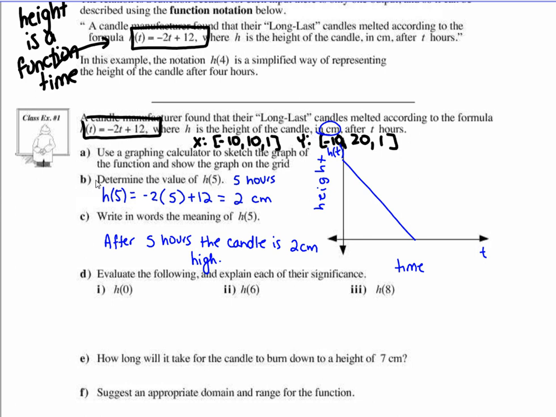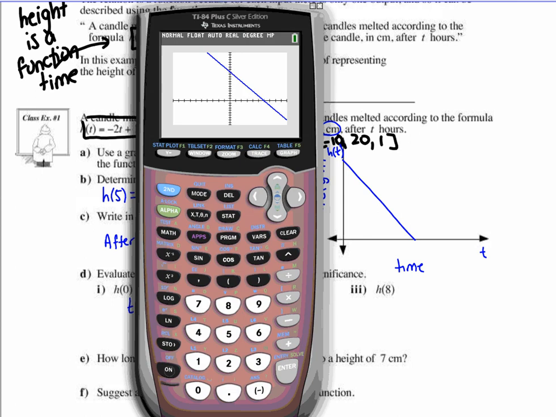The next one says evaluate the following and explain each of their significance. So h of 0. Now my input is 0, or time is 0. Remember, if you want to use your calculator, you could go trace 0, enter, and it's 12.